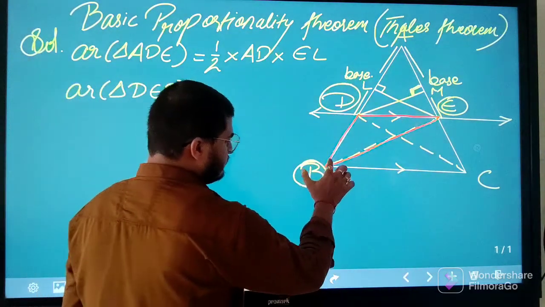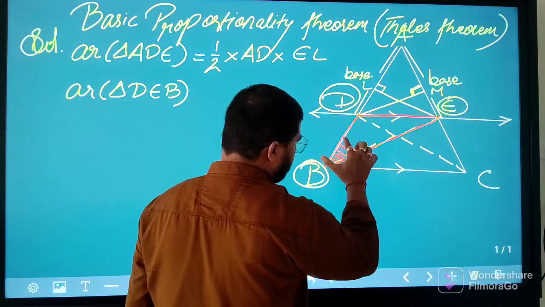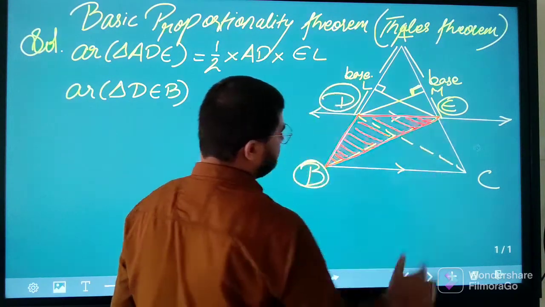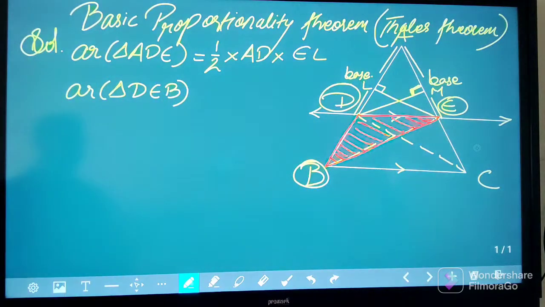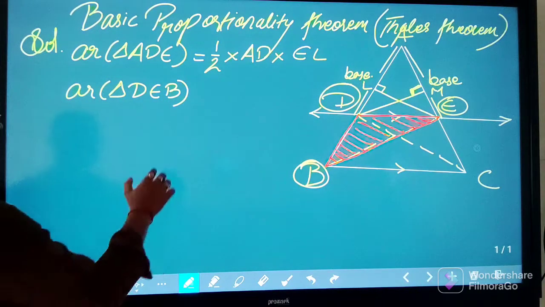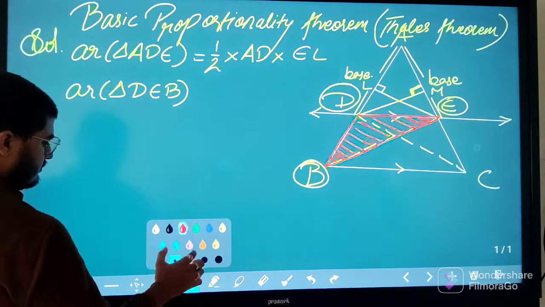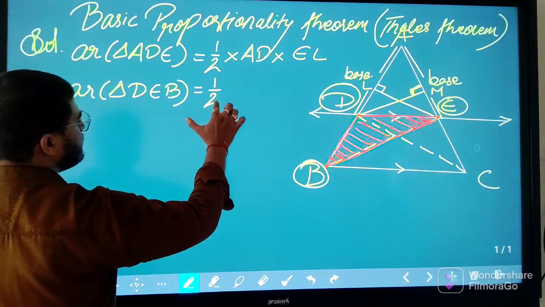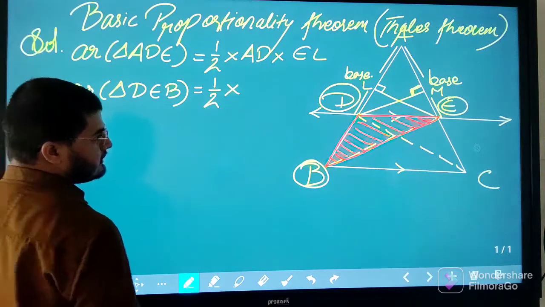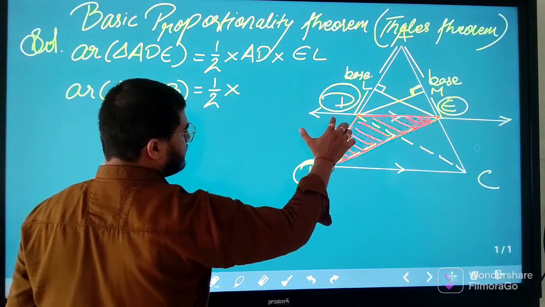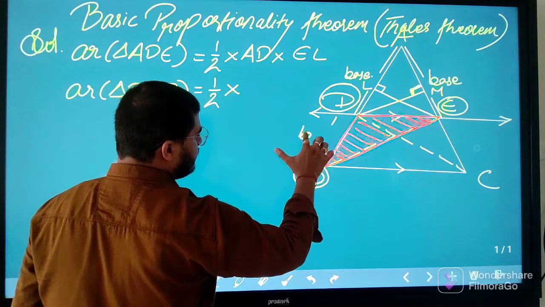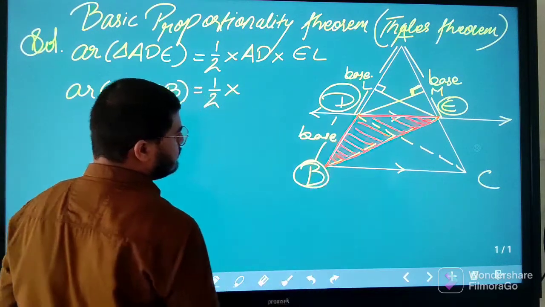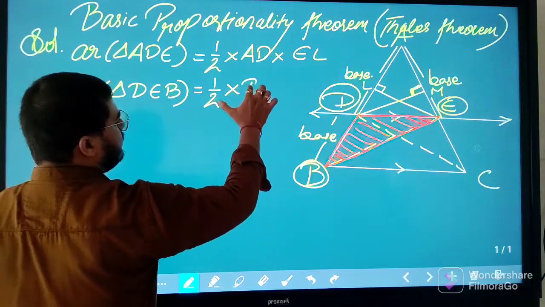So what is the area of this triangle? The formula is going to be the same, half base, and if we see, this side is going to act as base, that is BD.